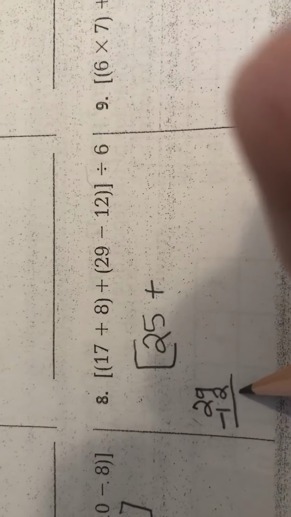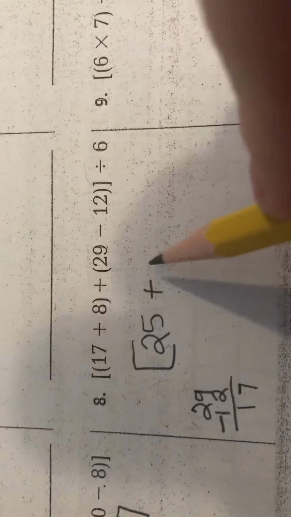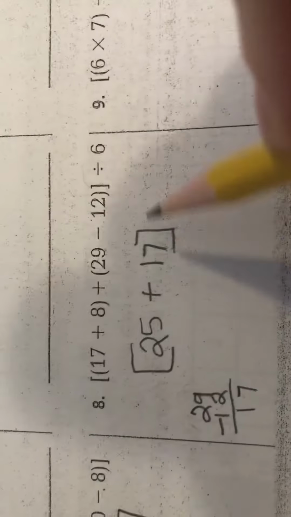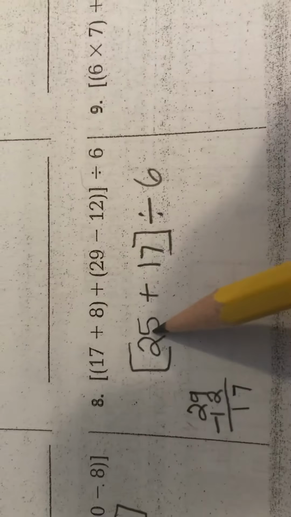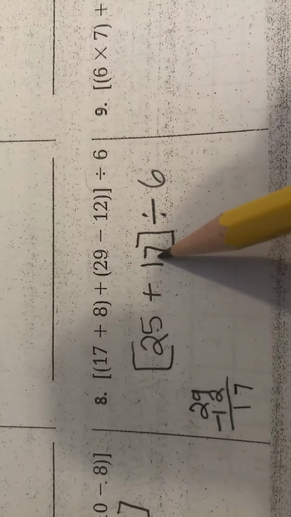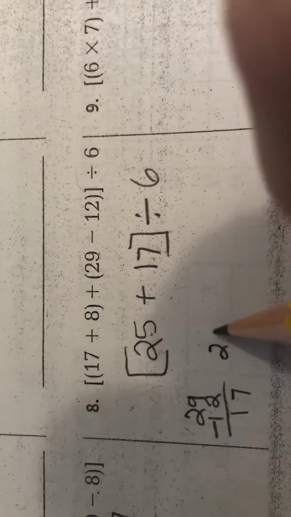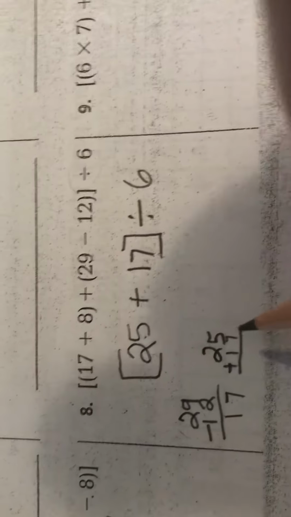So 9 minus 2 is 7, and then 2 minus 1 is 1. So that's 17 over here around the brackets, and then divide by 6. So 25 plus 17. Again, if you can't do this mentally, write it down. There's nothing wrong with striving for accuracy in our math here.